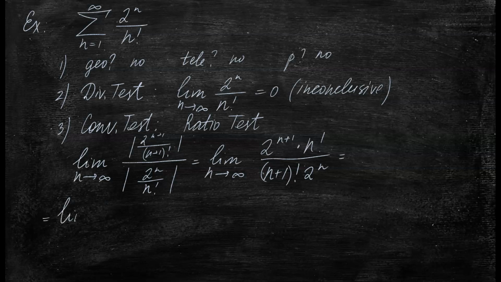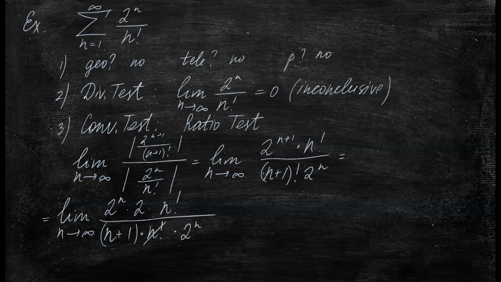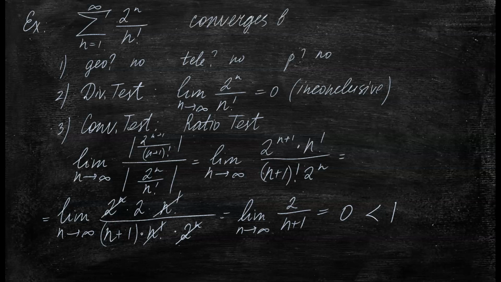The numerator and denominator have a lot in common, so 2 to the power n plus 1 can be written like this, and n plus 1 factorial can be written like this. Now we can cancel all the things they have in common. As n goes to infinity, this limit is equal to 0, which is less than 1. That means the original series converges by the ratio test.